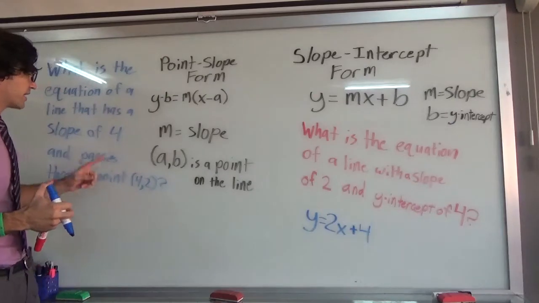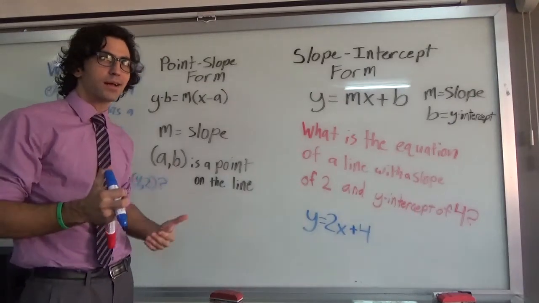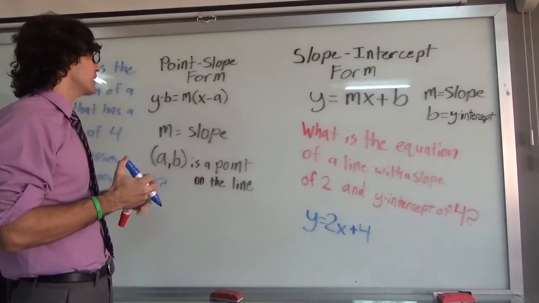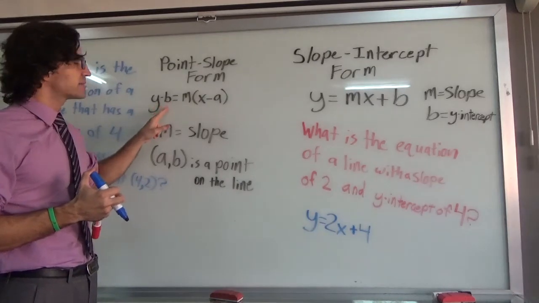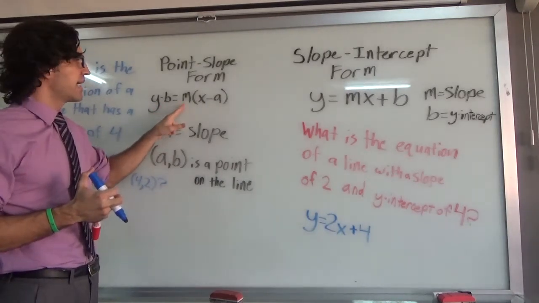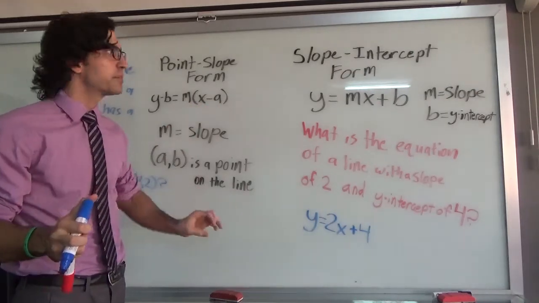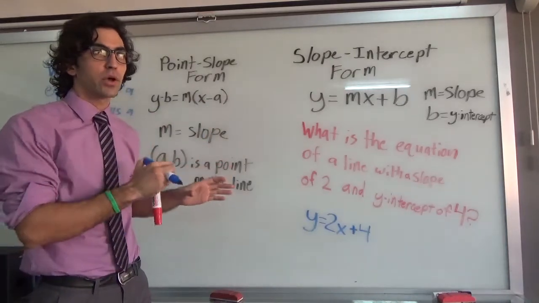Here, instead, we are given the slope of 4 and a point. Well, lucky us, we have the point-slope form. The point-slope form looks like this. Y minus b equals m times x minus a.